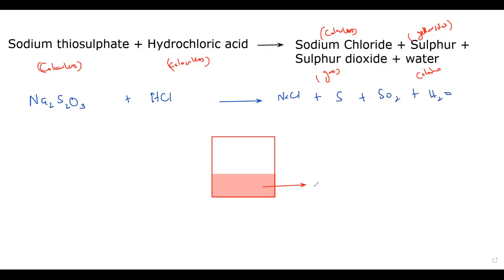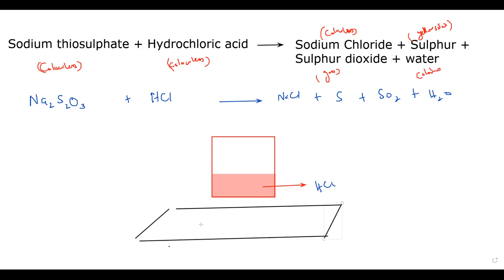So this is HCl, and what we did is we placed this on the paper. We place this on the paper, and on the paper we mark a cross.